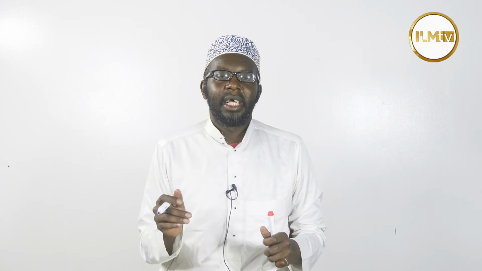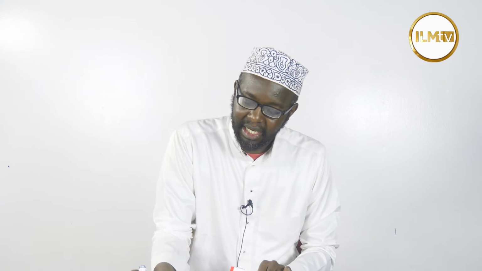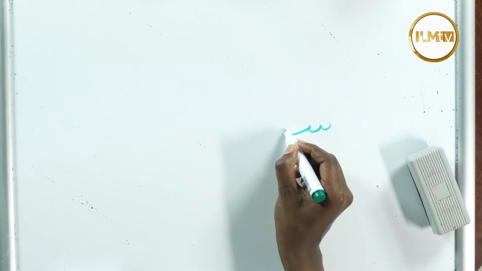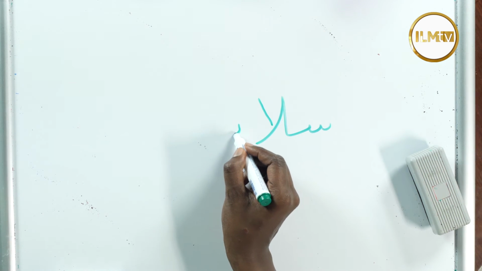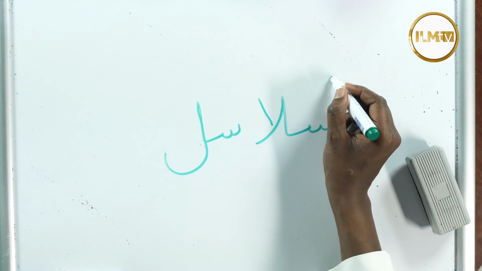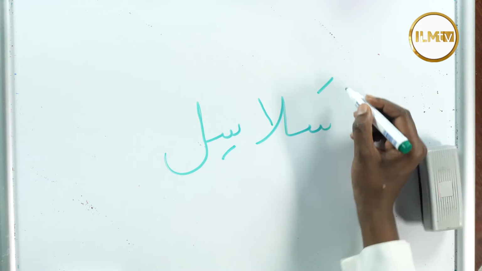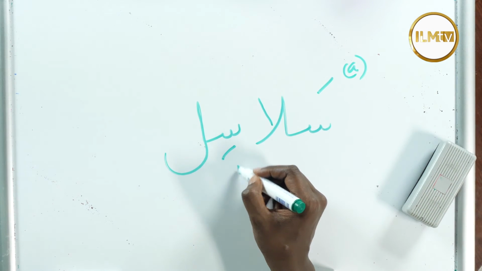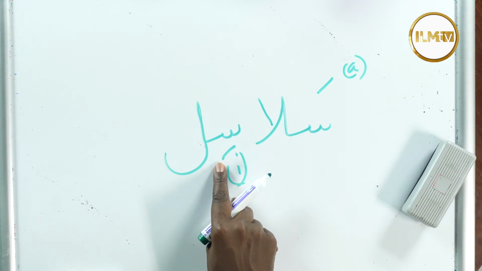Or we can have a chain. Chain we say salasil. So, sa, la, si. Up here this is an a, down is an e. So, sala, si, l.